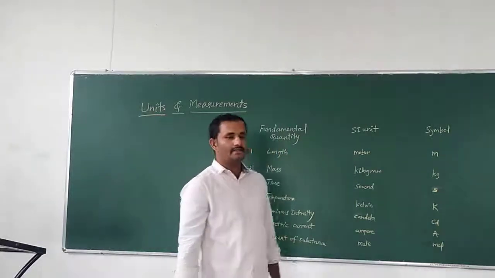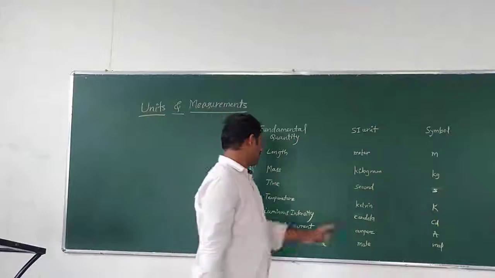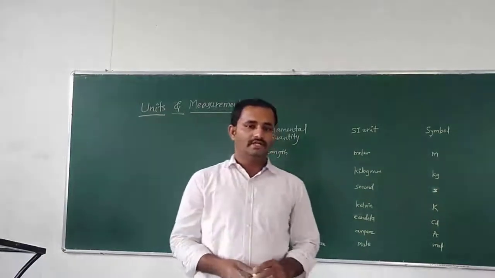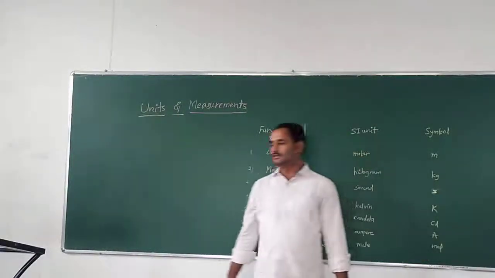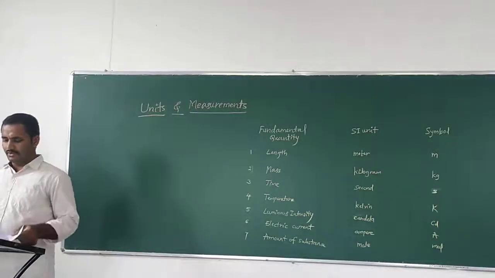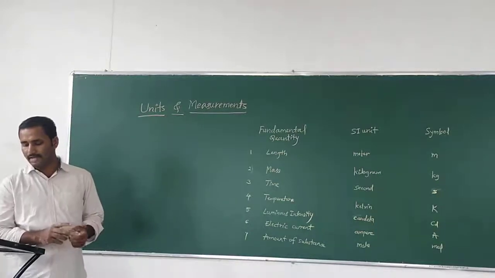Then electric current, unit is ampere, symbol is capital A. Amount of substance, unit is mole and symbol is mol. So these are the 7 fundamental quantities which we are using in our day-to-day life.